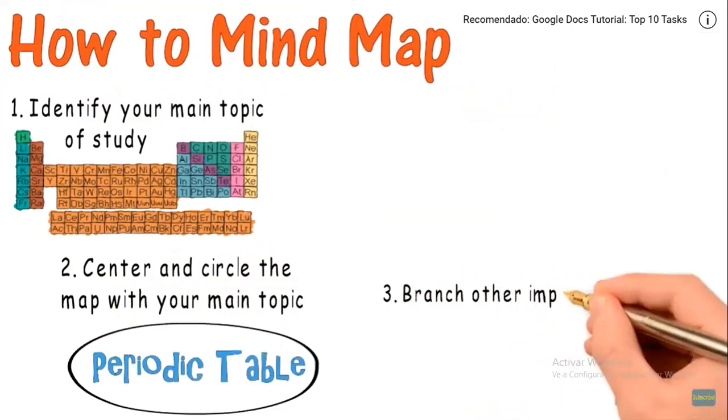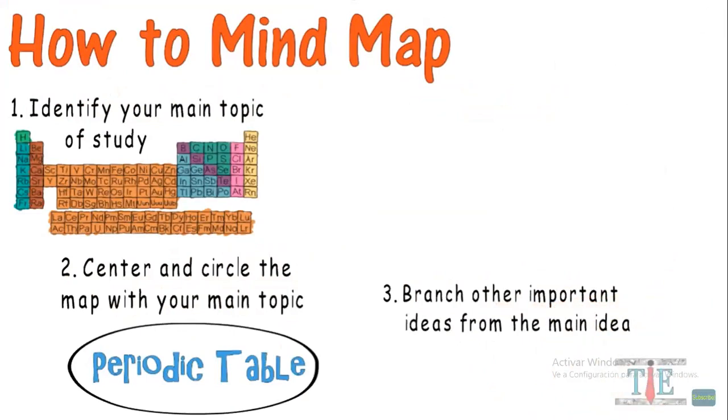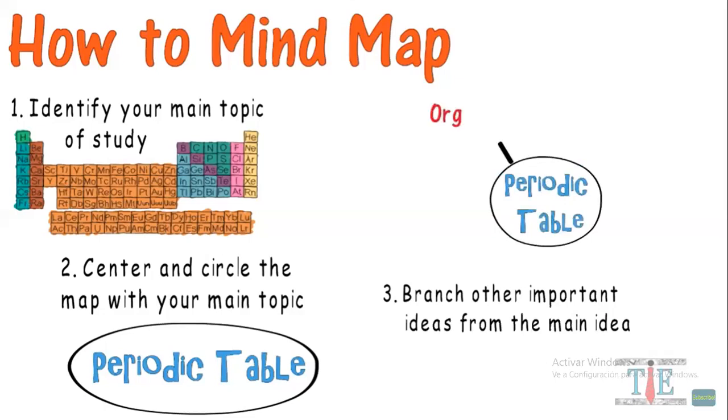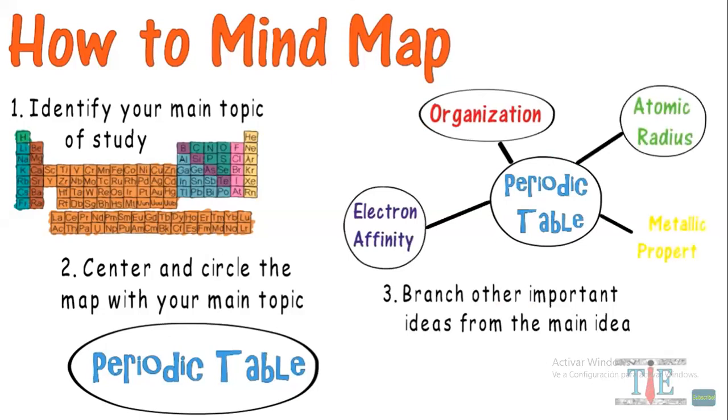Then branch off other important ideas from the main idea. So here is the main topic, and you can then draw lines to other important ideas. For example, organization is one. Another subtopic of the periodic table is electron affinity. You can also add atomic radius and metallic properties.